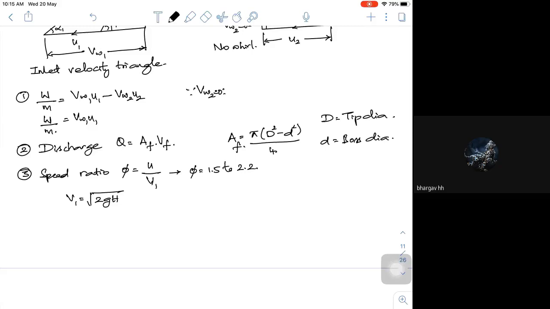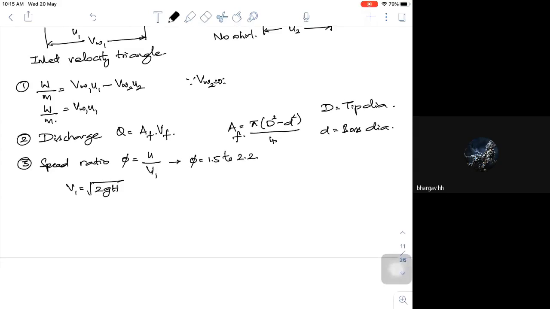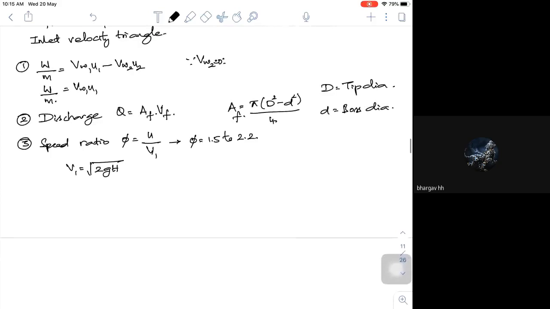Sometimes your velocity of the flow has to be calculated based on what is called the flow ratio. We have one more thing, the flow ratio, which is psi, the ratio of velocity of the flow to your absolute velocity.